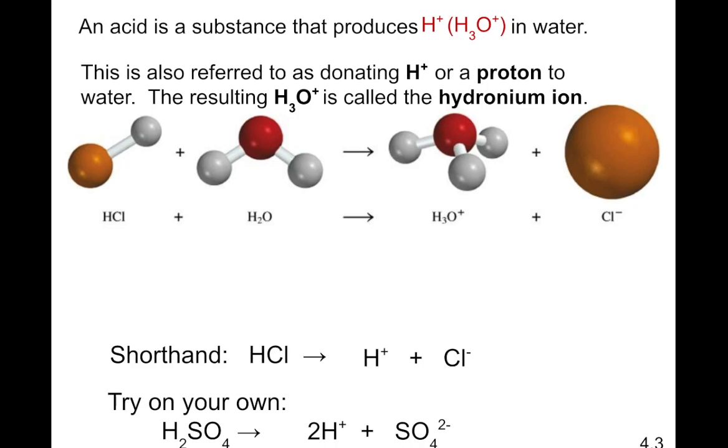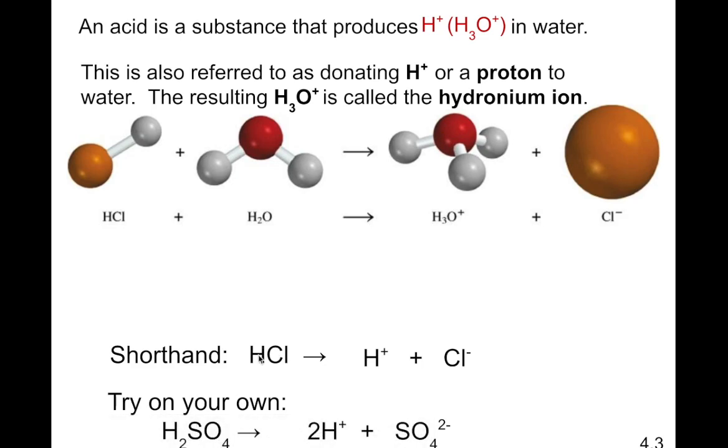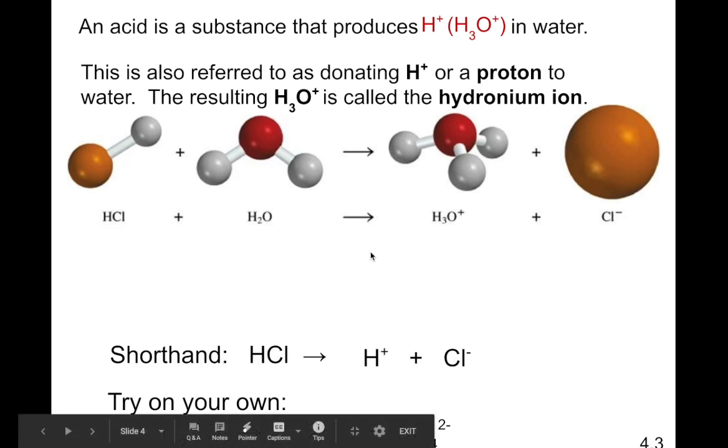Let's review. If this chloride and this proton are together in a bond and they separate, one of the things about acidic reactions is the proton itself leaves without the shared electrons in this covalent bond. Chloride keeps both electrons that are shared in this bond.